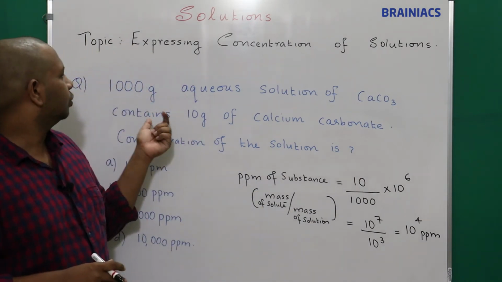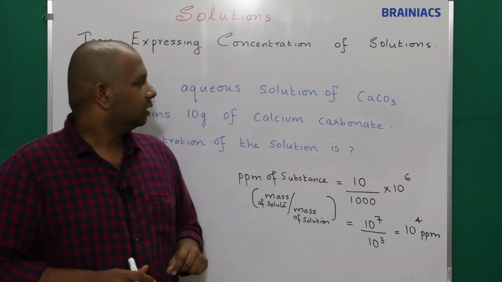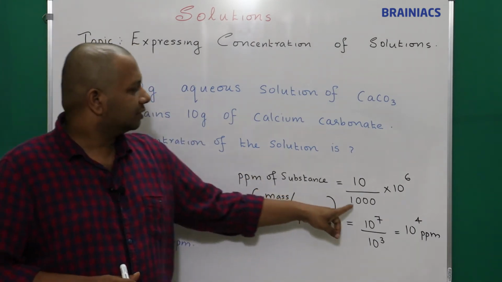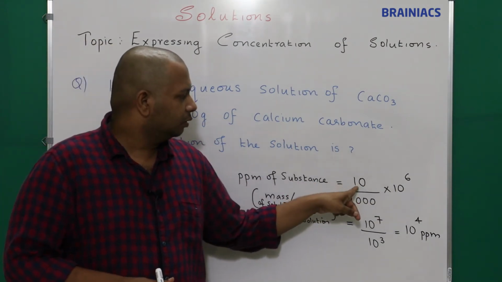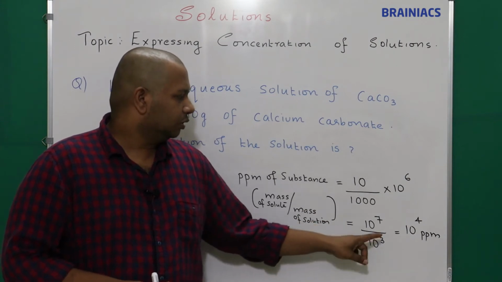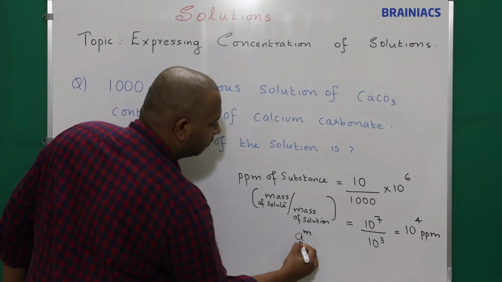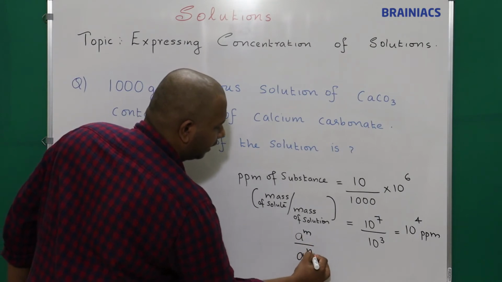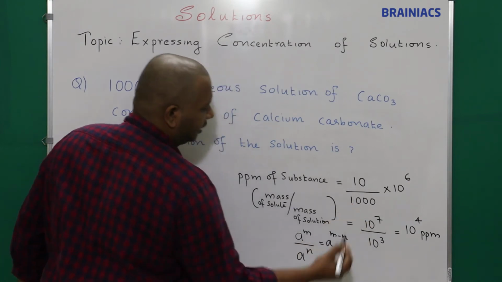Here mass of the solute is how much? 10 gram. So I substituted 10 in the numerator. Then mass of the solution is 1000 gram, so that I substituted. Now if I calculate, 10 power 6 into 10 is 10 power 7, divided by 10 power 3. You know that a power m divided by a power n is nothing but a power m minus n.